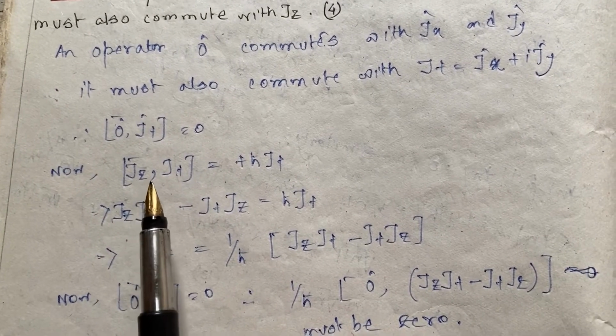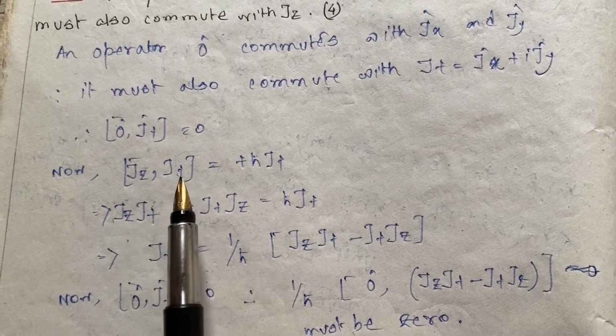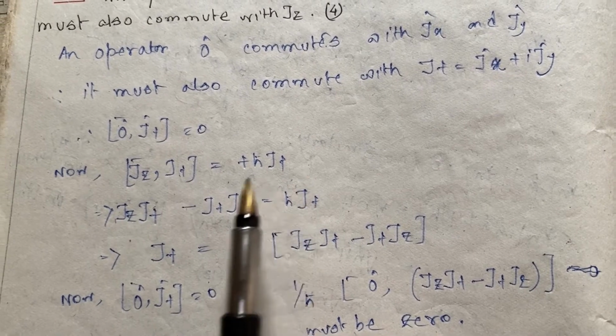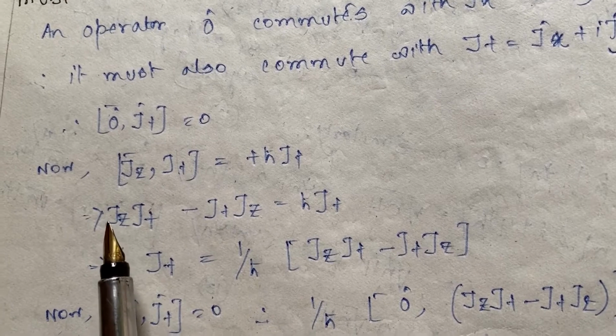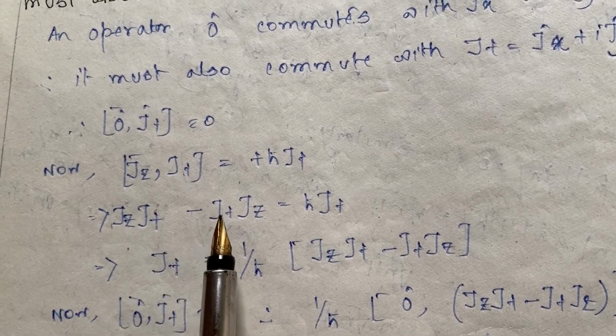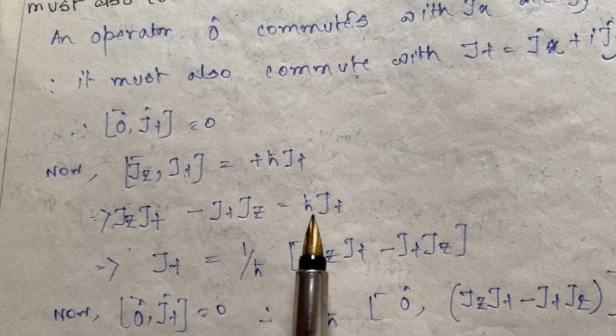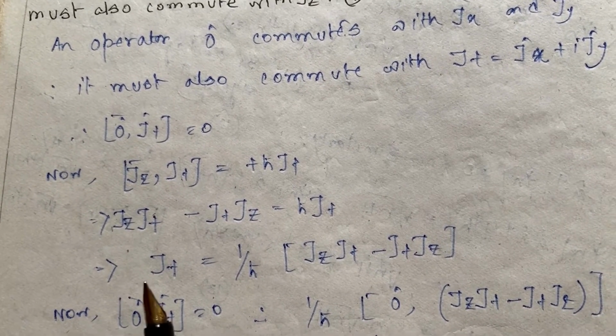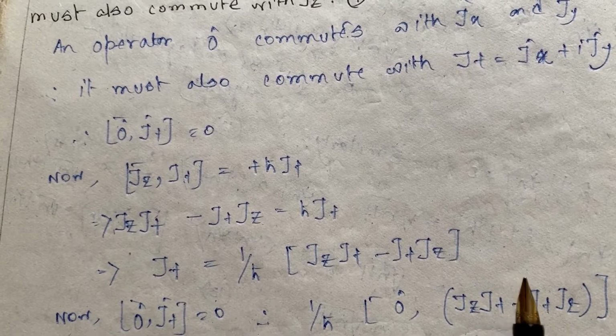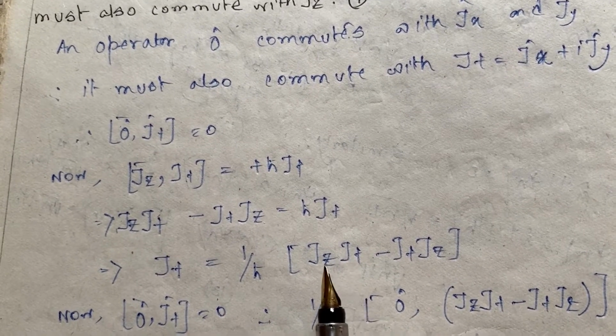We know that the commutation relation of Jz and J plus looks like this: [Jz, J+] = Jz J+ minus J+ Jz equal to ħ J+. So here we have written the expression of J plus in terms of J plus itself and Jz.